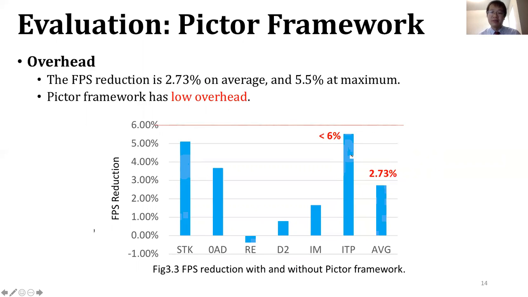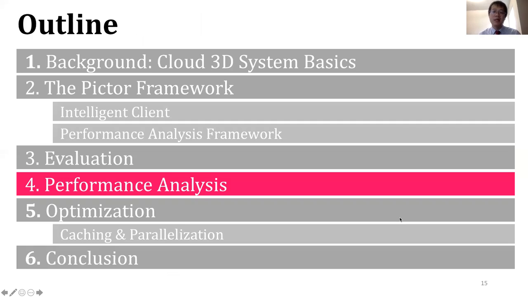And the average FPS reduction is only 2.7%. So Picture framework has low overhead. Until now, we have talked and proved that the AI client is fast and accurate. Picture framework has low overhead. Next, we will use them to analyze Cloud 3D system.